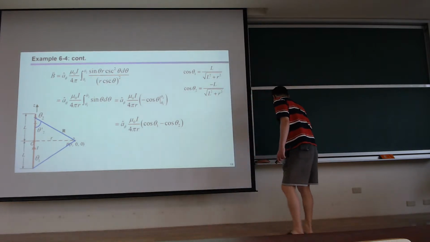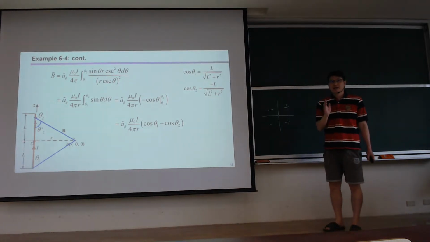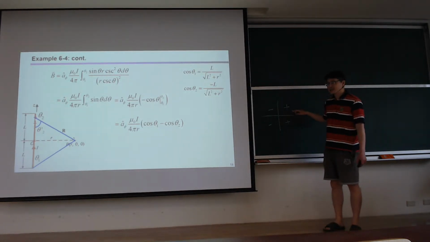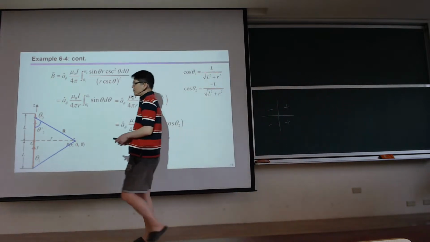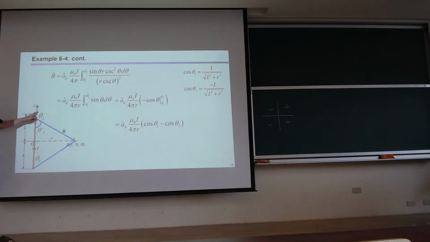So why is cosine theta 2 negative? Well, if you still remember, cosine: positive, negative, negative, positive. Cosine is positive in the first and fourth quadrants, and negative in the second and third quadrants. Look at the geometry here. When I define theta 2 as this angle between z and r vectors, this angle is evidently greater than 90 degrees, right?